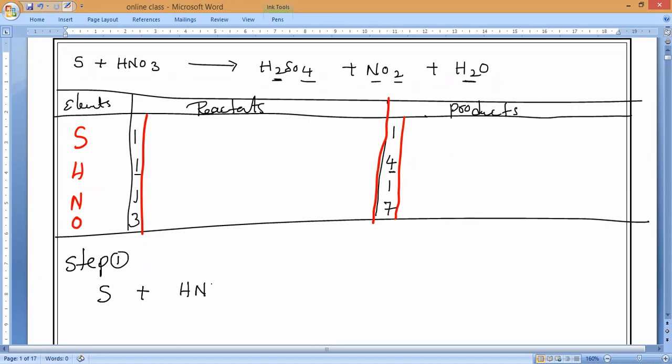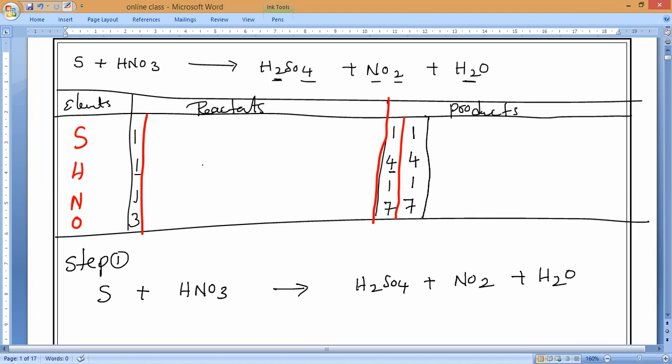Now, HNO3 gives H2SO4 plus NO2 plus H2O. On the product side, any change? No change: 1, 4, 1. Clear, everybody?